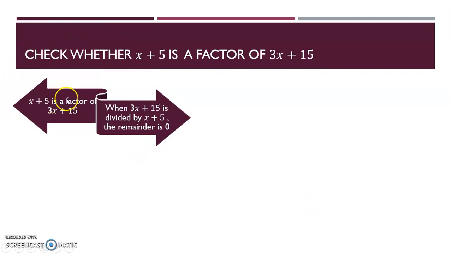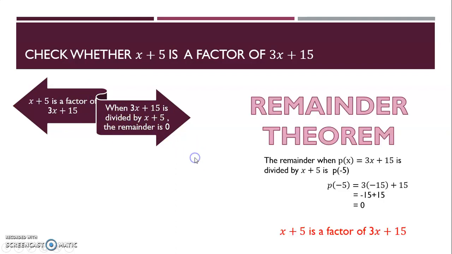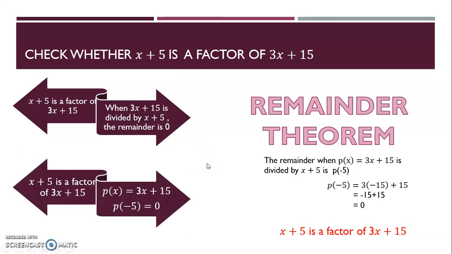So we saw x plus 5 is a factor of 3x plus 15, and to check this, all we need to do is check whether the remainder is 0. The remainder theorem tells us that to check whether the remainder is 0, all we have to do is find the 0 of the divisor and substitute that value in the place of x in the bigger polynomial.